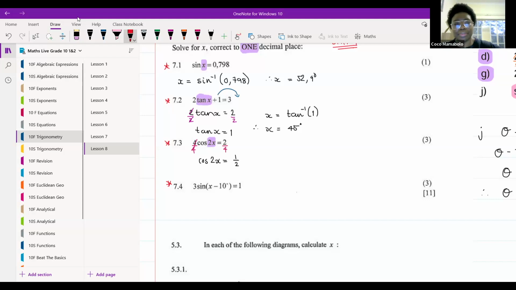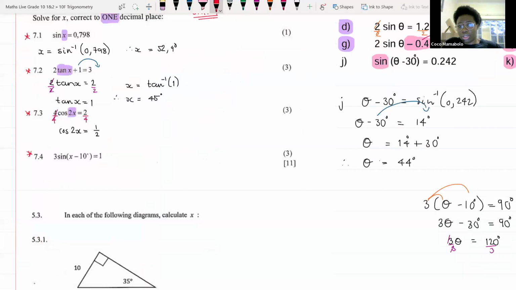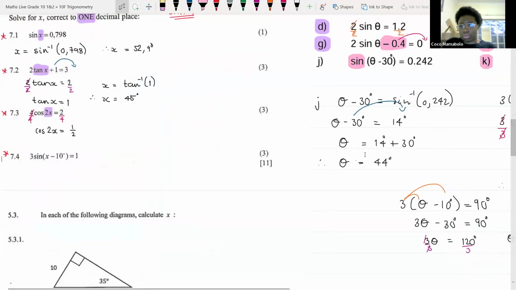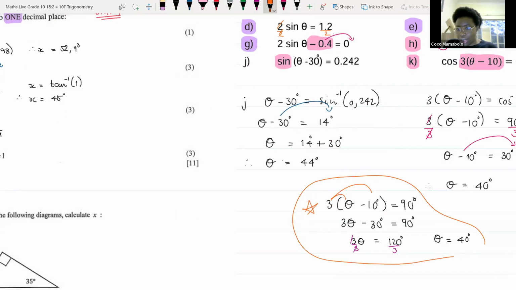Oh, ma'am, can I ask? The K1 example we were doing, I kind of distributed the brackets before solving, and I still got the same answer, which is 40 degrees.